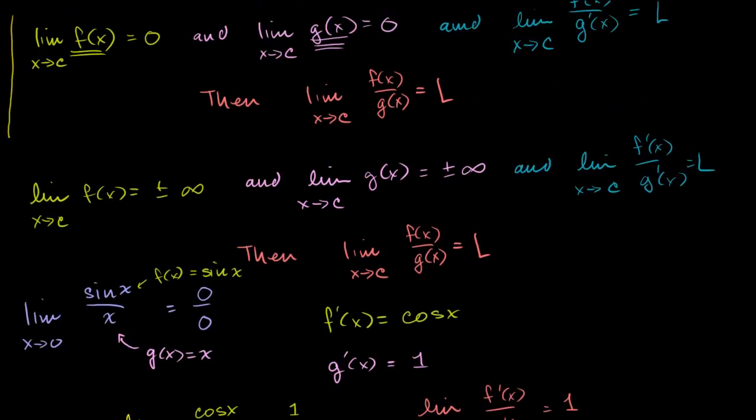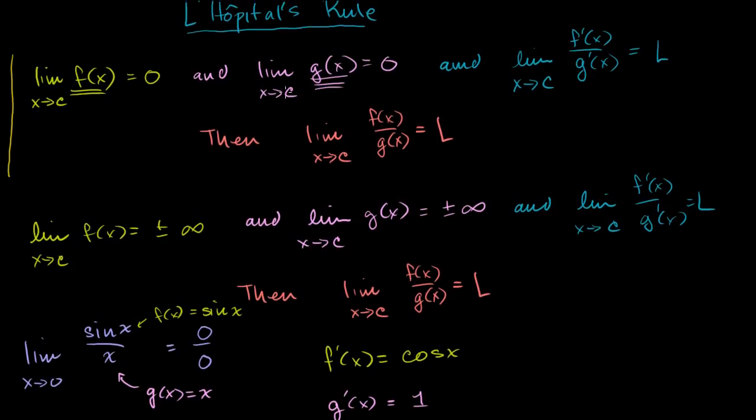So we've met all of the conditions. This is the case we're dealing with. The limit as x approaches 0 of sine of x is equal to 0. The limit as x approaches 0 of x is also equal to 0. The limit of the derivative of sine of x over the derivative of x, which is cosine of x over 1, we found to be equal to 1. So all of these top conditions are met.